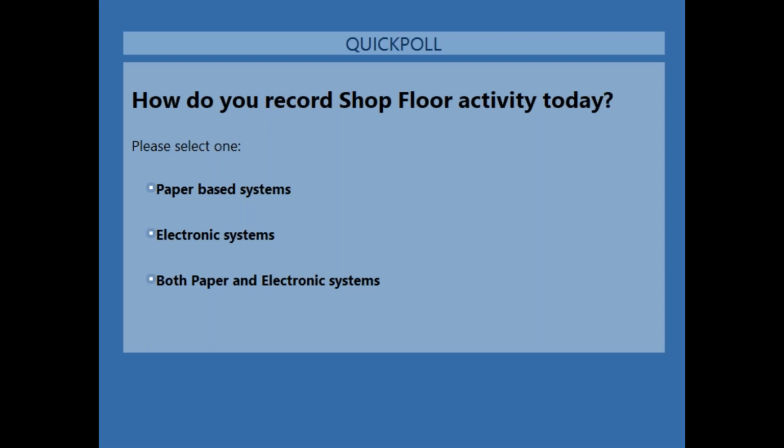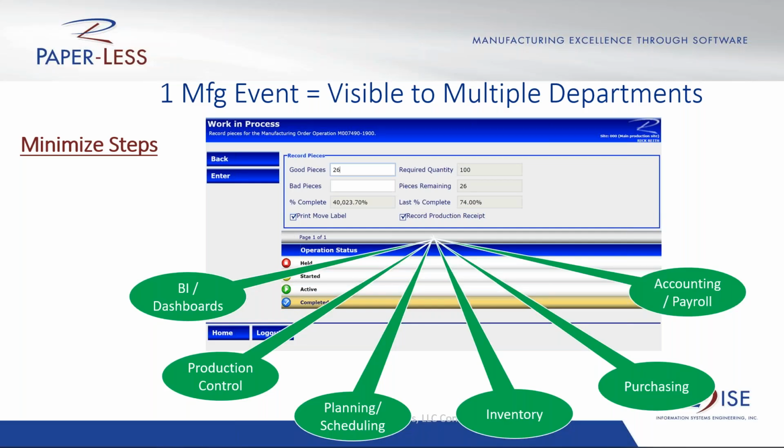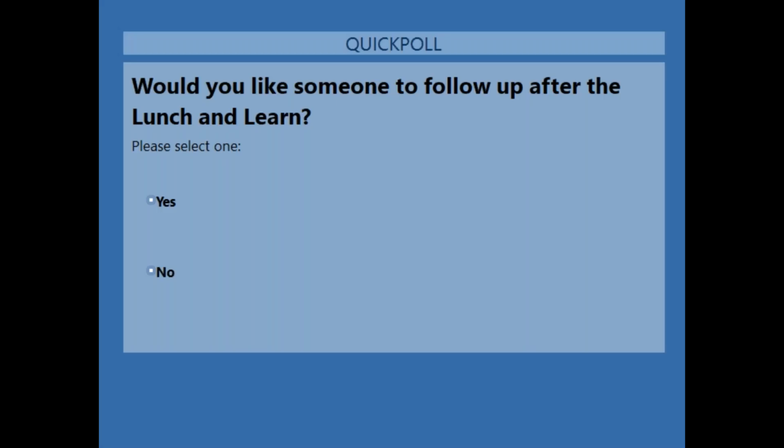Good response, thank you. And then the last poll question is, do you want somebody to follow up with you? I'll just launch that right now, and I'm going to look to see if there are any questions or comments in the chat box. I do not see any questions out there, either in the questions or the chat box.